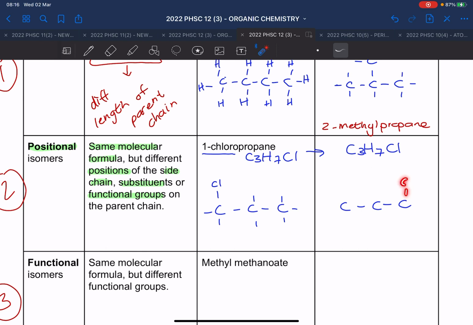If I put it here, then we will start counting from that side, then it will be 1-chloropropane. There's only one option here. Sometimes there will be more than one option. For this one, there's only one option. It must go to the second one. Vanele, what will the name of this compound be then?